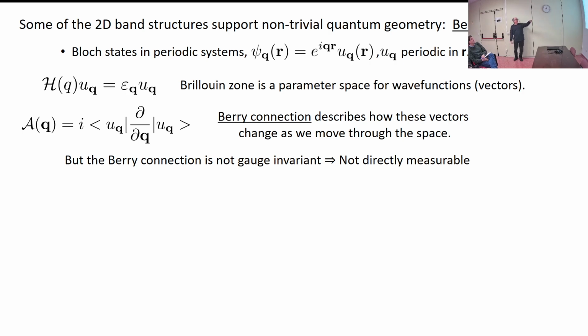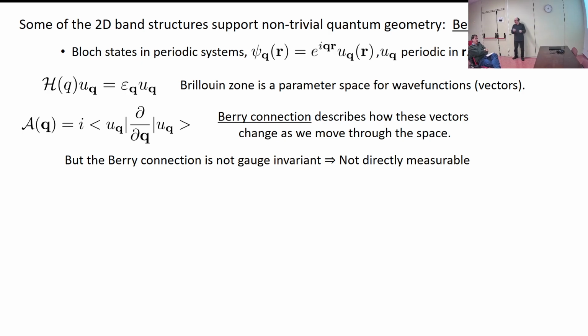They're plane waves times some periodic wave function. The first step in figuring out Berry's curvature is stripping off this plane wave part and then writing down an eigenvalue equation just for the periodic part. We can think of this equation as a set of equations that are parameterized by a two-dimensional wave vector, a two-dimensional set of parameters.